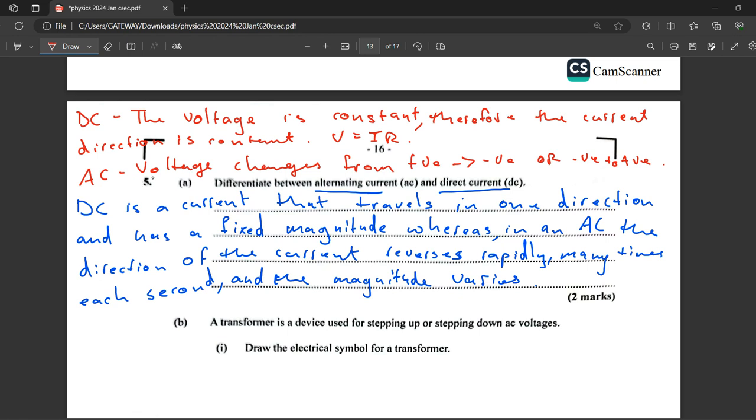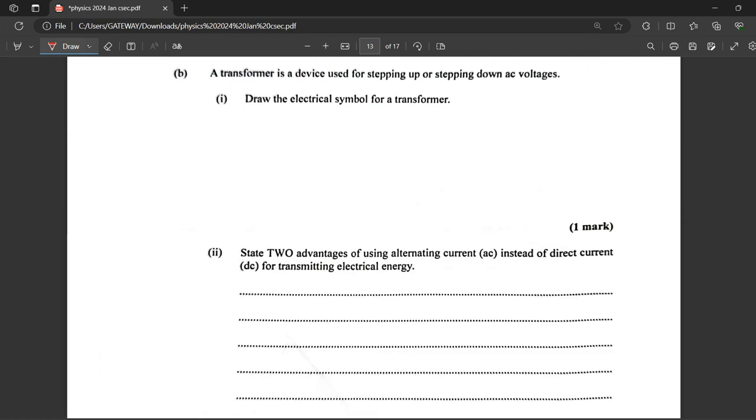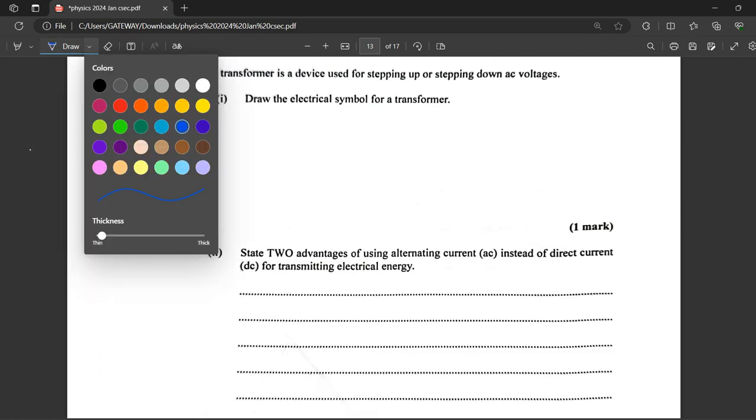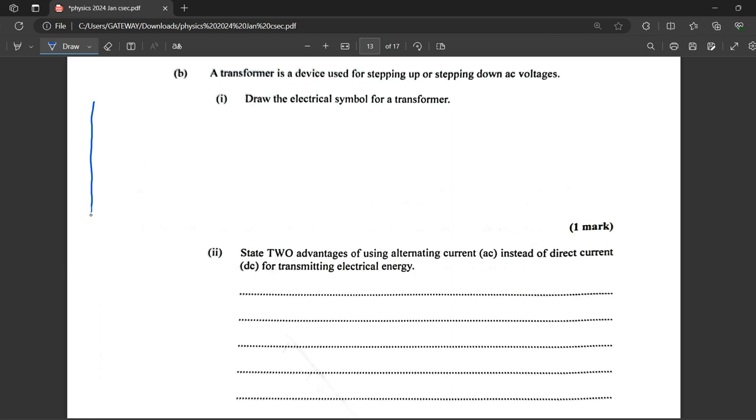Right, so I will give you a little graph here because you're gonna need to know how to draw the graph and stuff like that. I'm gonna just draw a little sketch of the graph. So you have voltage versus time. So we put time here, right? You could put voltage over here. You don't necessarily put the unit for this sketch, but you know voltage will be measured in volts, time will be measured in seconds.